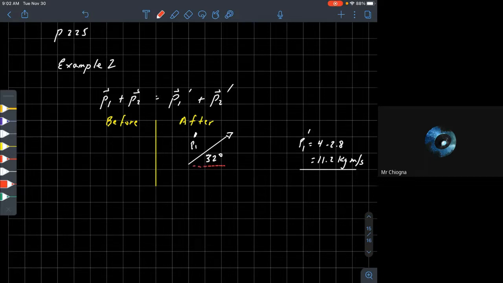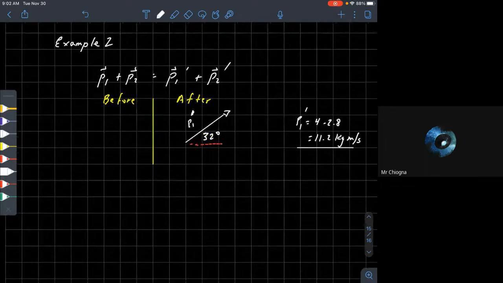Okay, what about the second object? Well, we're told it bounces off at 41 degrees. That's my P2 prime. What's it equal to? The magnitude, mass times velocity. So it's 6.1 times 1.5, and that works out to be 9.15.